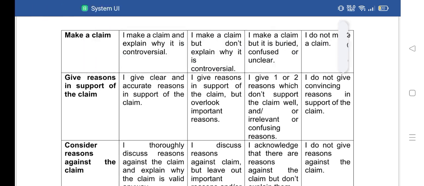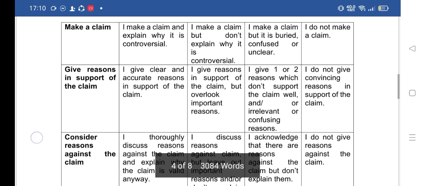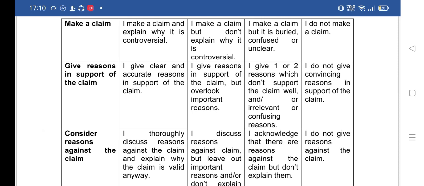So what I have mentioned earlier is that it is very essential, when making an essay, to have a rubric and to have mastery of the topic, in which the teacher must be able to judge based on their performance.